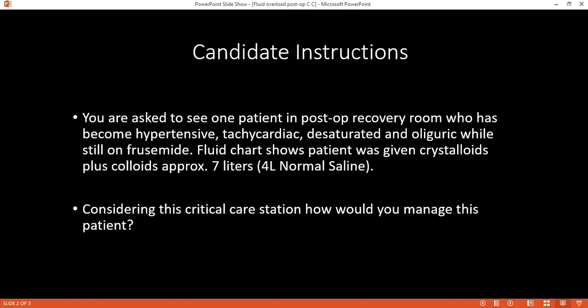An isotonic fluid like Ringer lactate. Good. What would be the sodium concentration in Ringer lactate or Hartmann solution? Oh, okay. I will come back to this later.